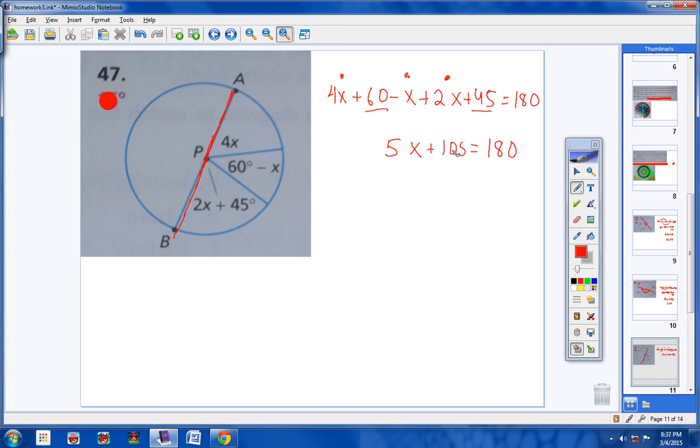Now bring your 105 over and make it a negative 105. So now you're left with 5x equals 75. Divide both sides by 5 and you're left with 15. So the answer is 15. Moving on to number 48.